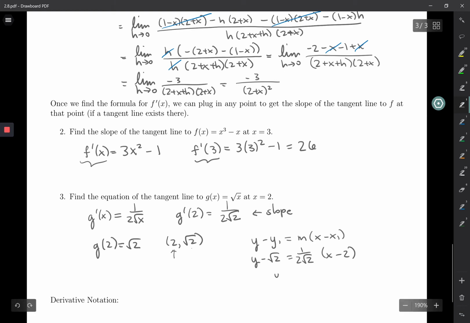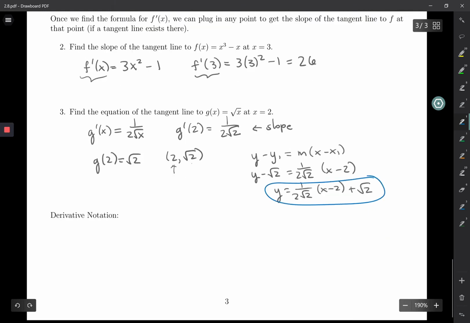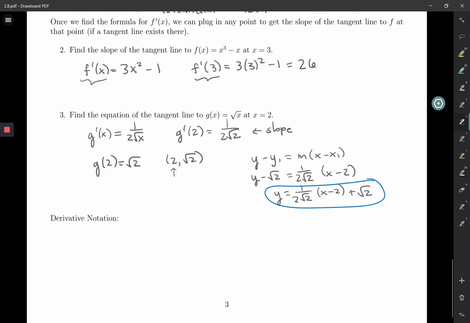And then if we want to simplify, we can, or at least write it as y equals something. So probably just leave it there and not simplify anymore. But that would be the equation of our tangent line right there.